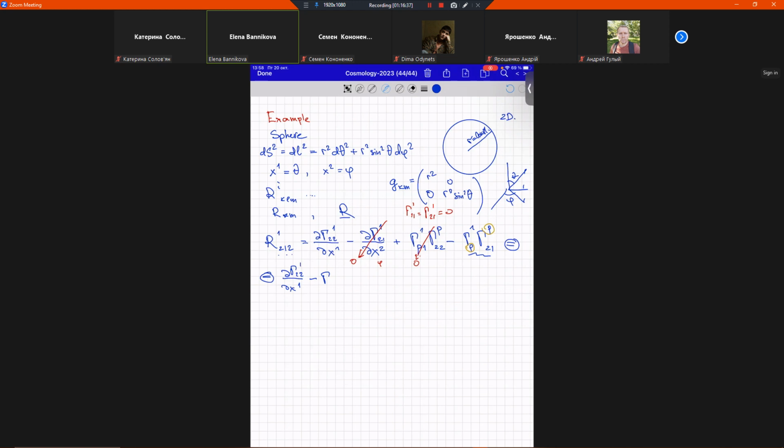So I need to write gamma 1 1 1. Instead of p, p equals 1 and 2 in this case. So minus, and now instead of p, I put 2, gamma 2 1. Again, I just look at what is 0 and what is not 0.